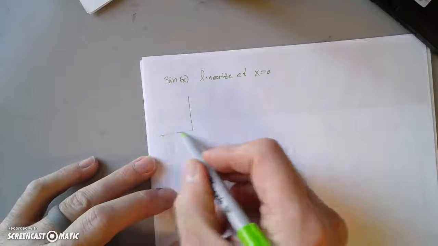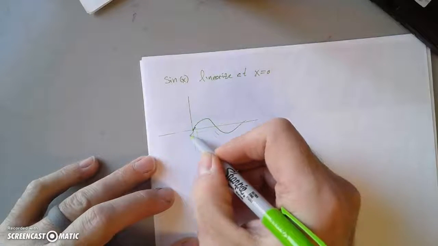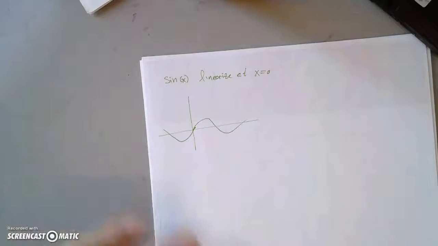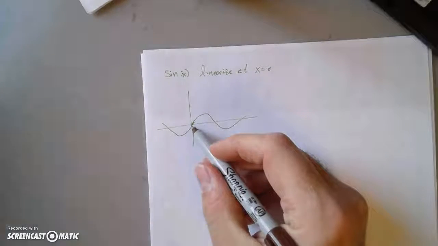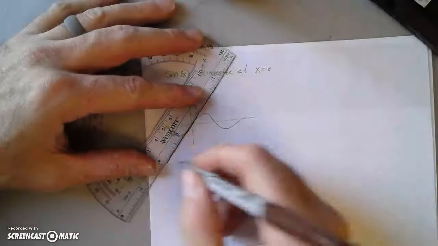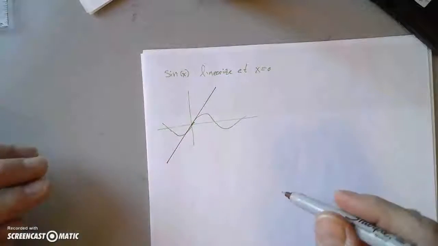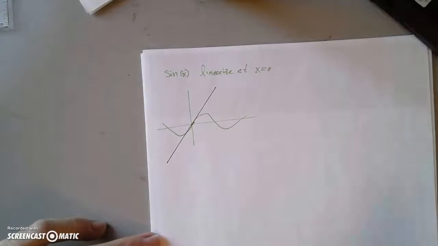Now, thinking back to what the sine function looks like, it's like the cosine, except it goes through the origin. And if you think about that, linearizing at the origin is going to produce a pretty nice line. So let's find out what this line is. It's going to end up being very easy.